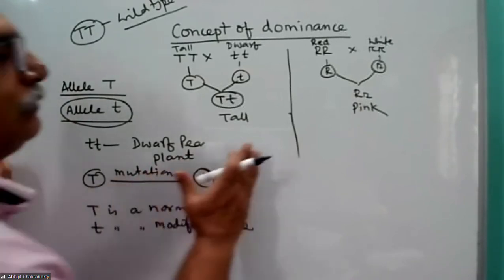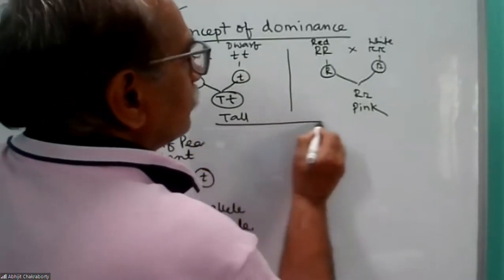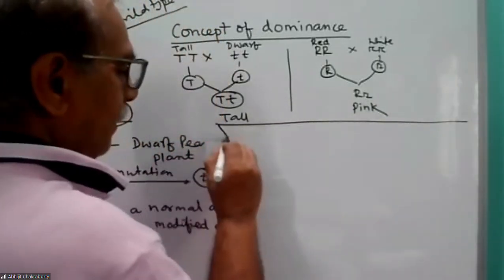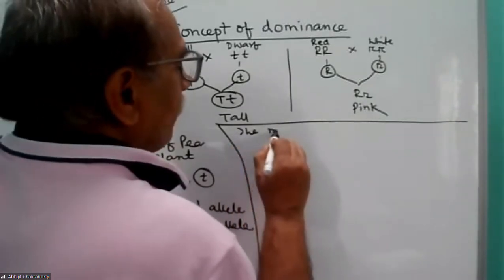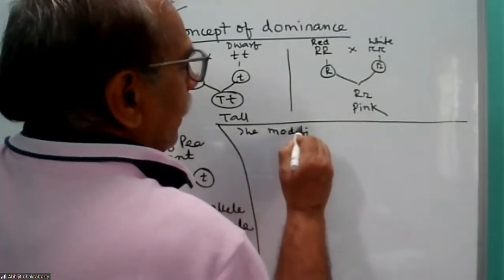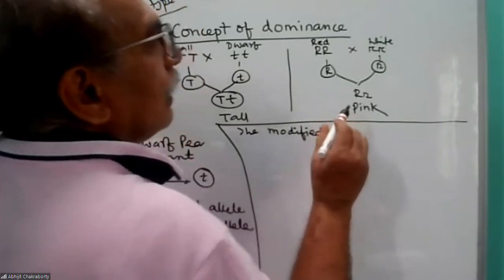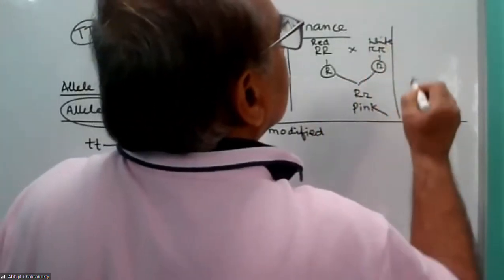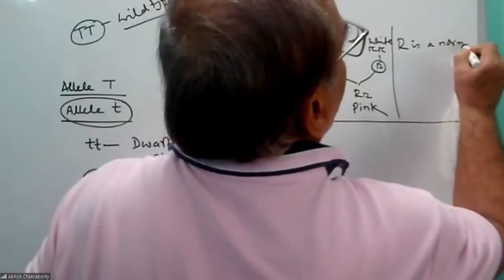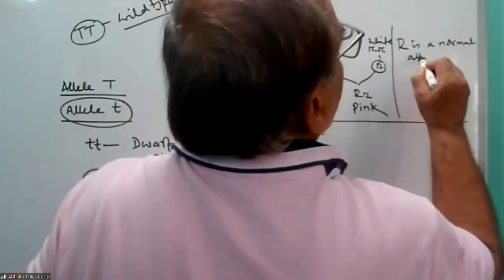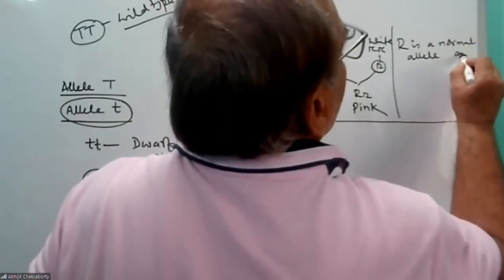Now, what about this modified allele? Look. The modified allele, here also, what happens? Capital R is there.